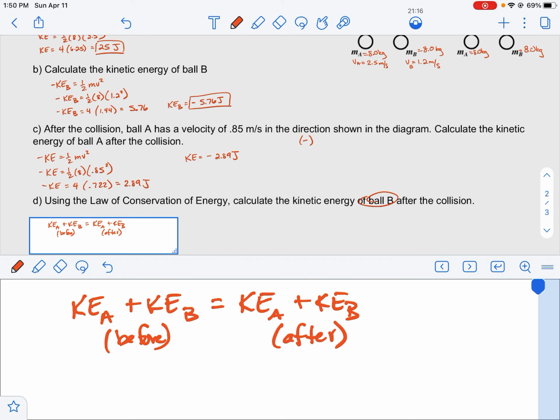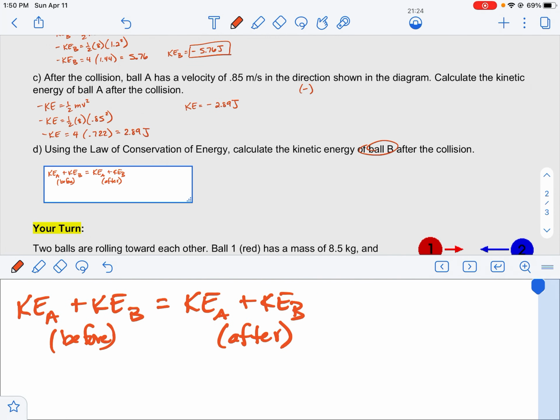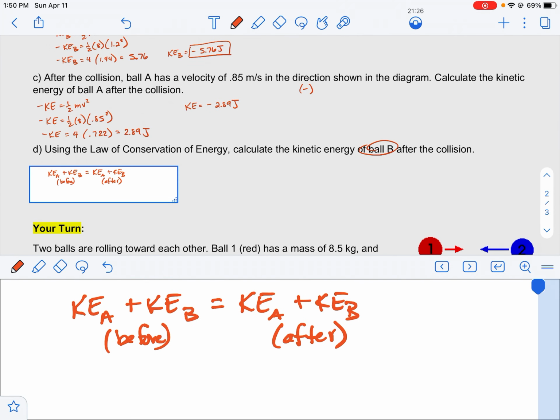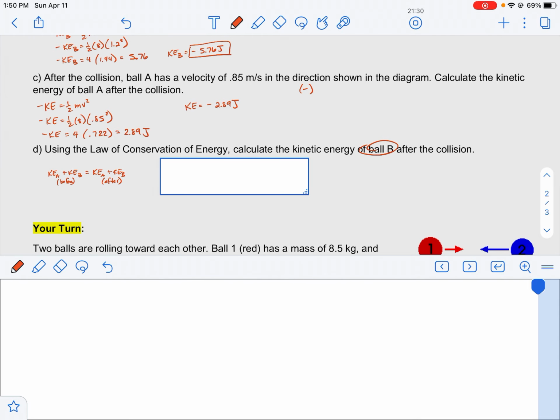All we've done is move that kinetic energy around. So this is going to be pretty straightforward because I've already done all of the in-between calculations. So the kinetic energy of A before the collision was, maybe I'll write it over here, that'll be easier, 25 joules.